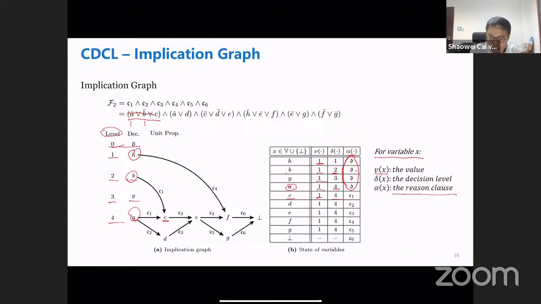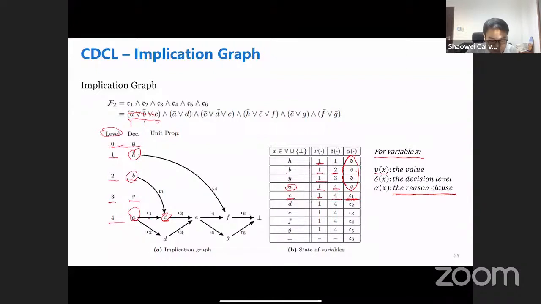And the reason clause of variable C is now recorded as clause C1, because the value of C is implied in this first clause. So we record its reason clause here.